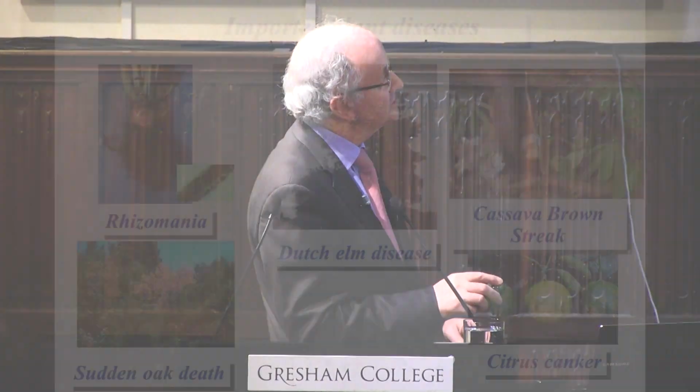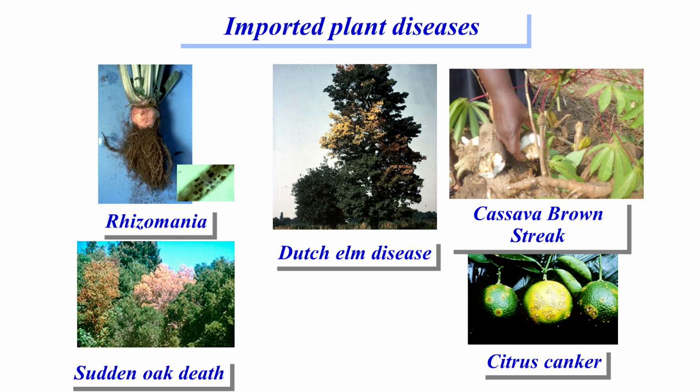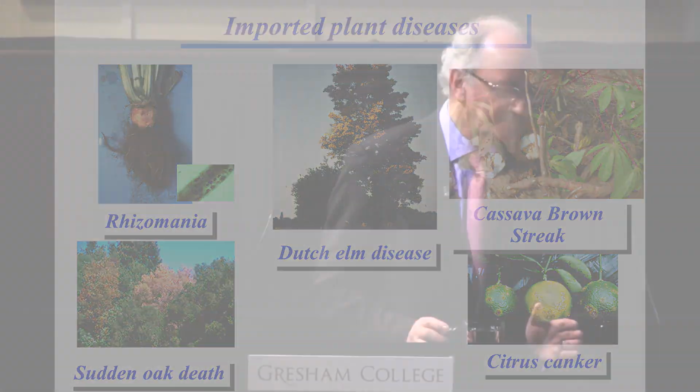So we're dealing with a range of microorganisms, and I want to mention Cassava brown streak. That, together with Cassava mosaic virus, are really threatening the livelihoods and survival of large numbers of people in East Africa.